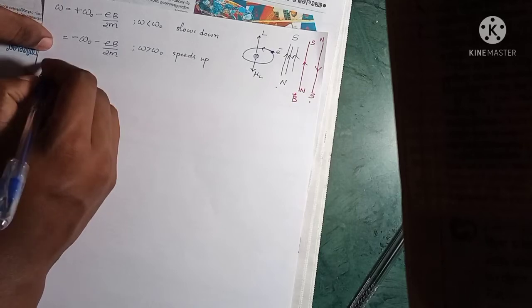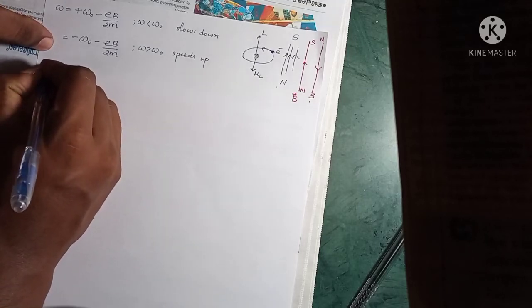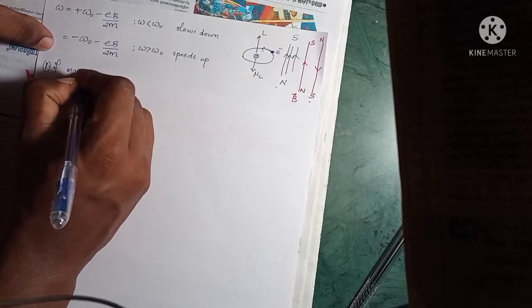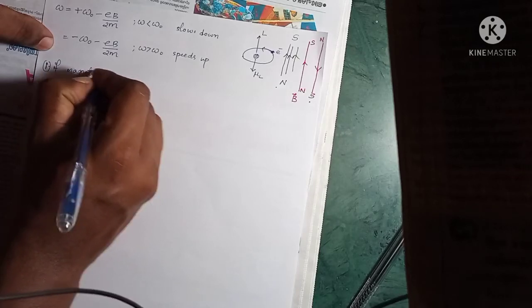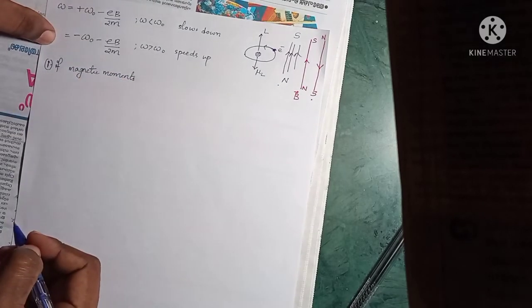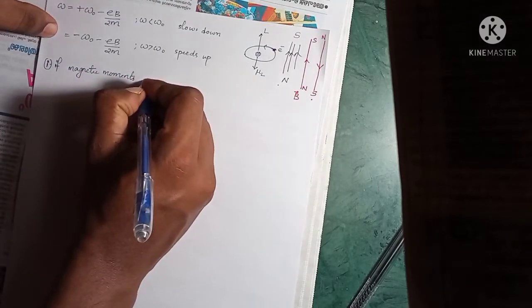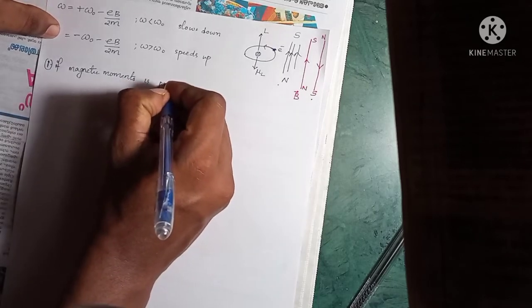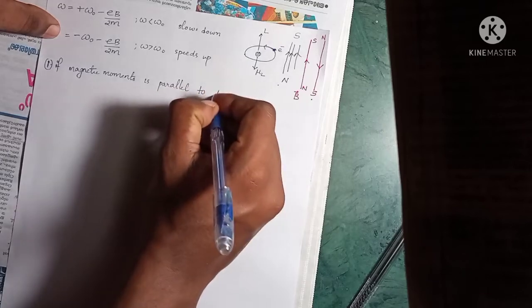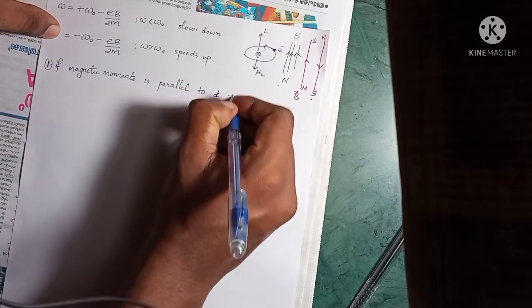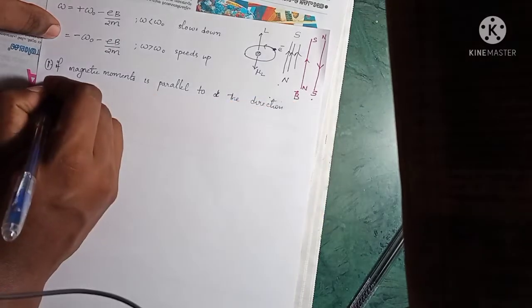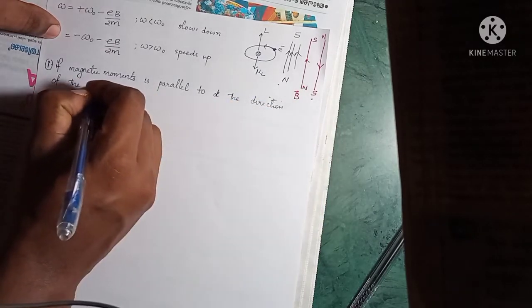So the case 1 is if the magnetic moment is parallel to the direction of the external magnetic field.